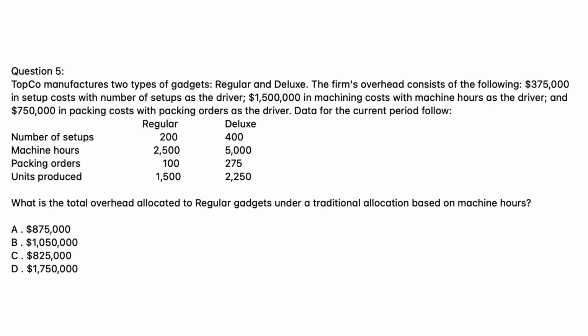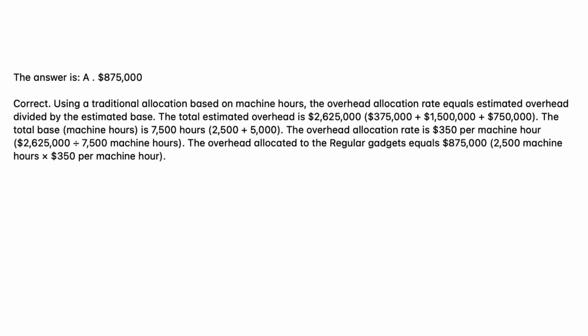Machine hours 2,500, 5,000. Packing orders 100, 275. Units produced 1,500, 2,250. What is the total overhead allocated to regular gadgets under a traditional allocation based on machine hours? A. $875,000. B. $1,050,000. C. $825,000. D. $1,750,000. The answer is A.